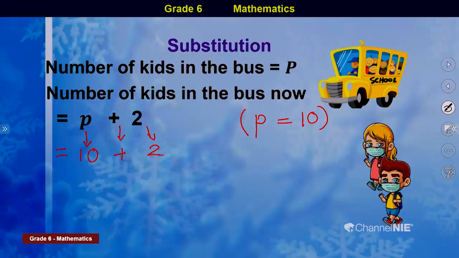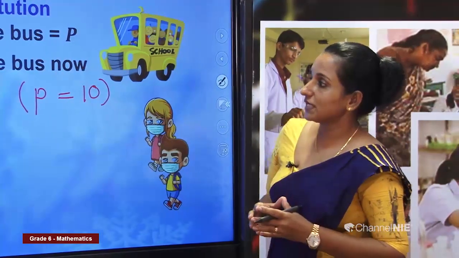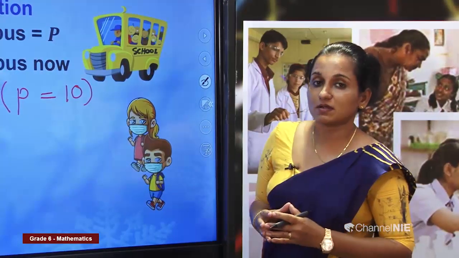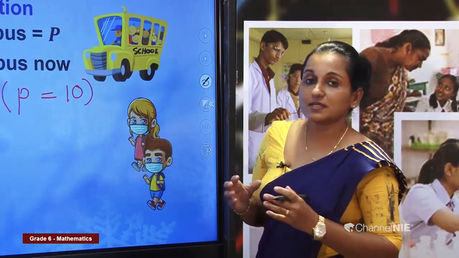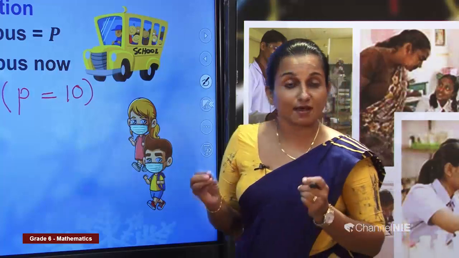Then we can add 10 and 2 and get the answer as 12. What does this mean? When the number of kids in the bus is 10, the number of kids in the bus after these 2 kids got on is 12. Did you get the idea of substitution? Then shall we move to another example?